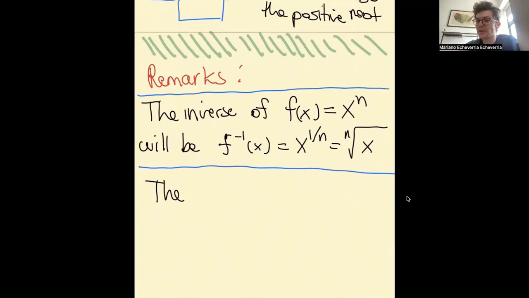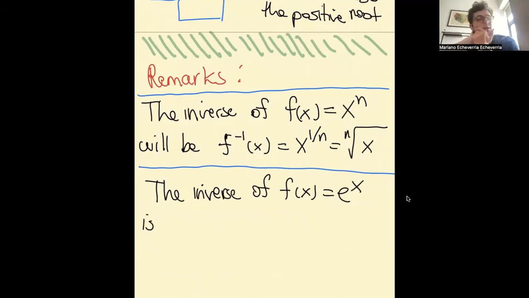Another very important inverse to know is the inverse of the exponential function. Does anyone remember the name for the inverse of the exponential function? It's called the natural log, yes. The natural logarithm.